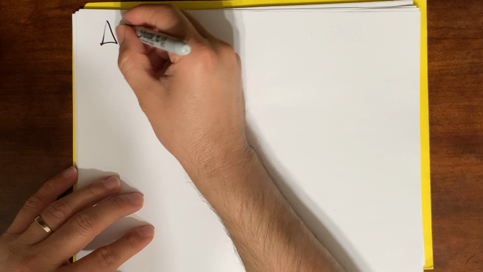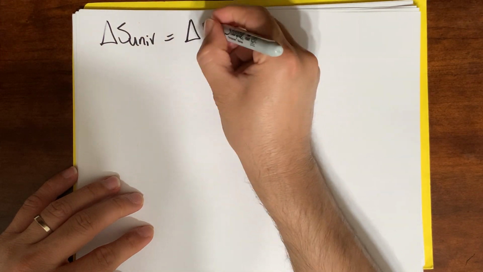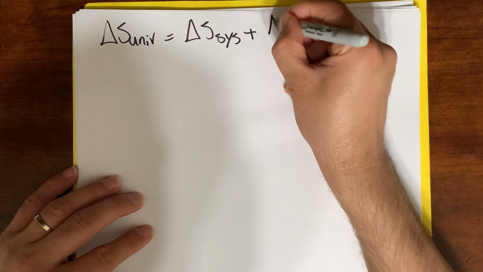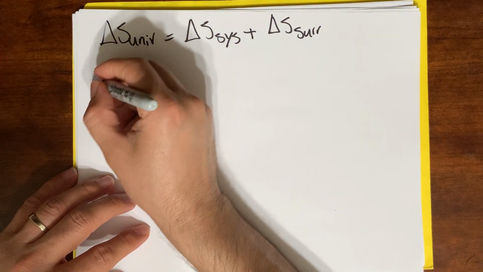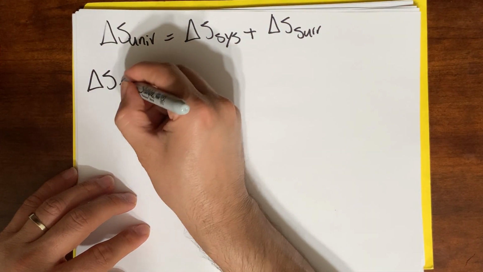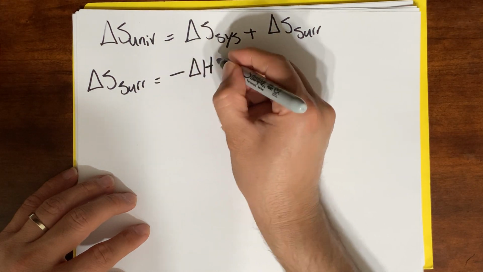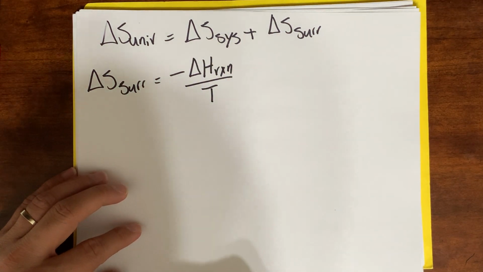So we had delta S for the universe equal to delta S of the system plus delta S of the surroundings. We know delta S for the surroundings, we can get it through this: minus delta H of the reaction divided by temperature.